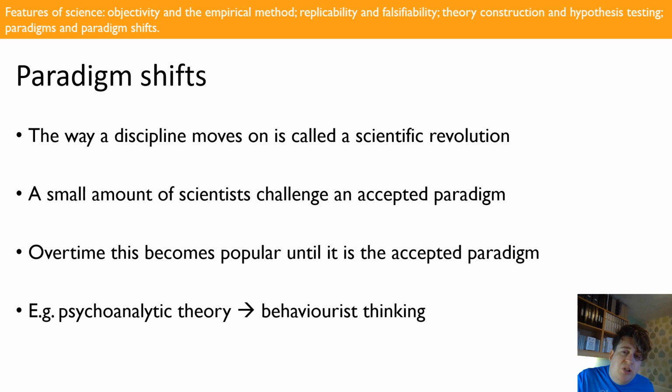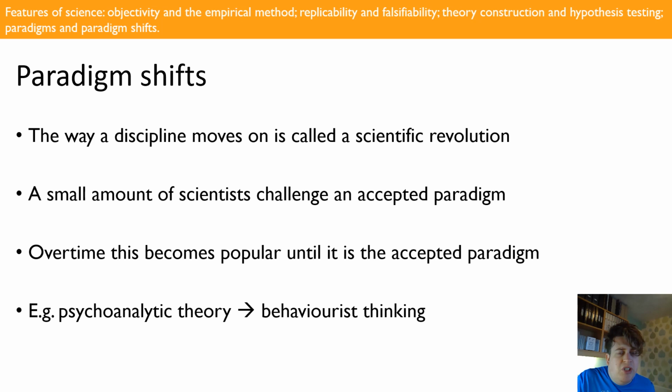So in the early stages of psychology, psychoanalytic theory was very much the in thing. Lots of stuff based on Freud, looking into the unconscious mind. But then a small amount of people such as Watson, Skinner, started looking at things and saying that we should start being objective and start using scientific methods in order to look at behaviour and look at things that are observable.